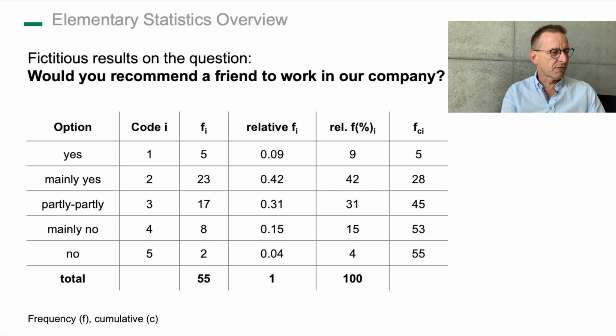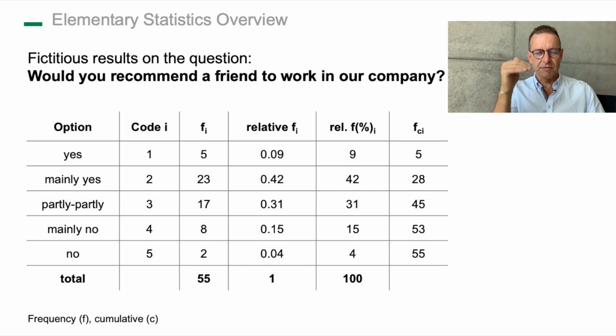You find this concept of cumulative frequency also these days. I produced this series during the Corona crisis. You have the frequencies of, let's say, all deaths due to COVID-19 every day. So you have the frequency for every day, and then very often you have the cumulative.